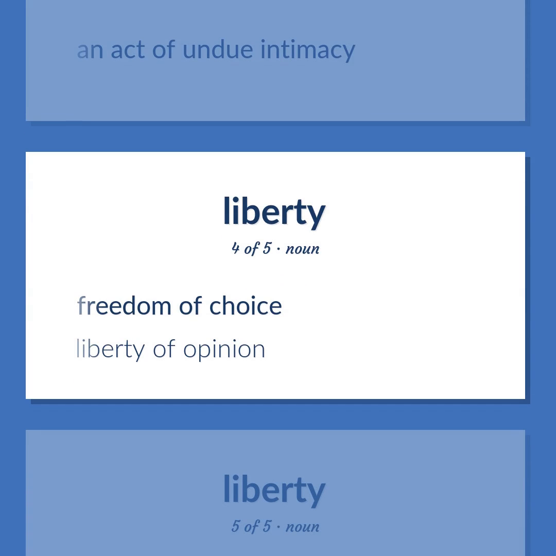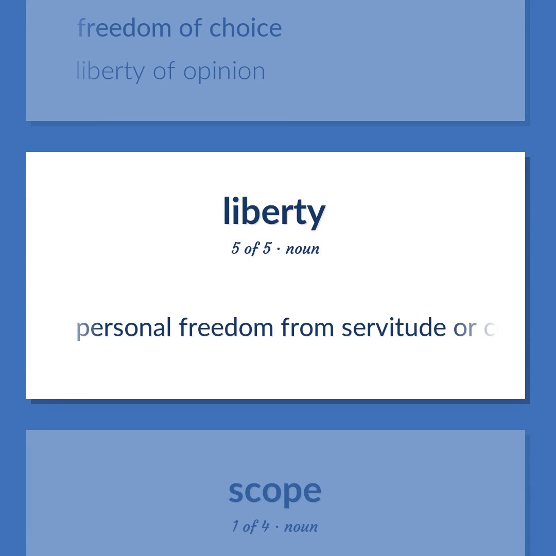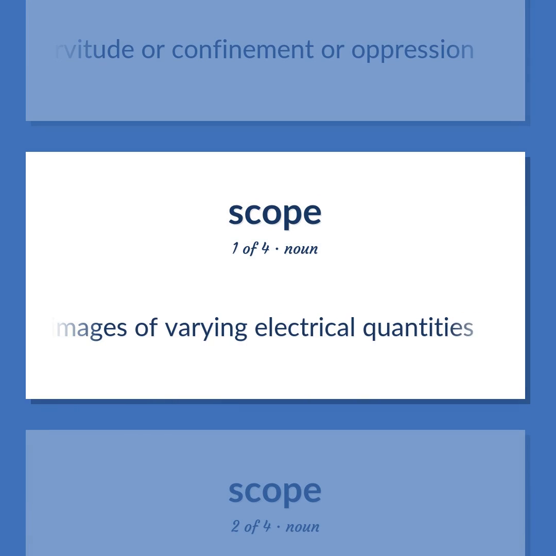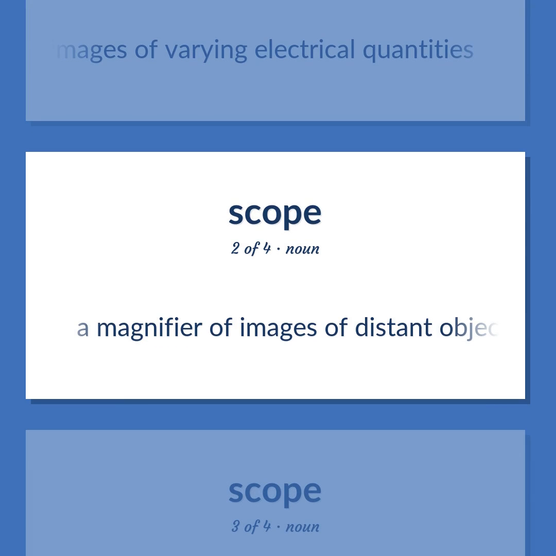Freedom of choice. Liberty of opinion. Personal freedom from servitude or confinement or oppression. Electronic equipment that provides visual images of varying electrical quantities. A magnifier of images of distant objects.